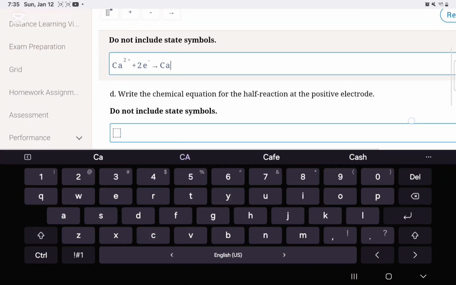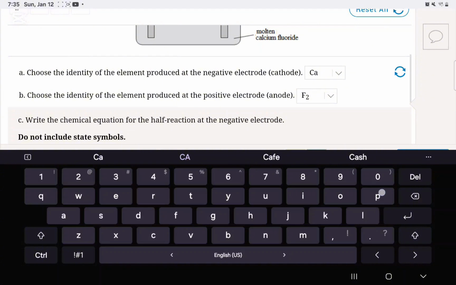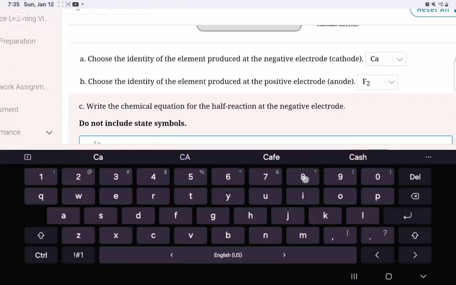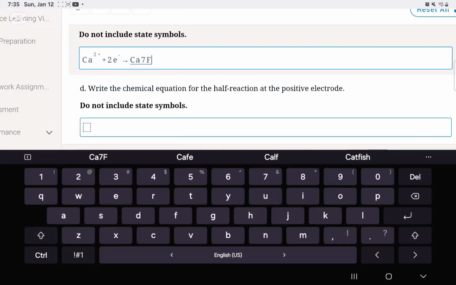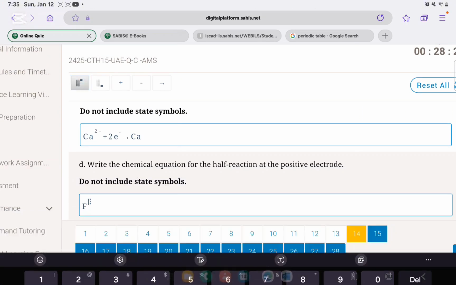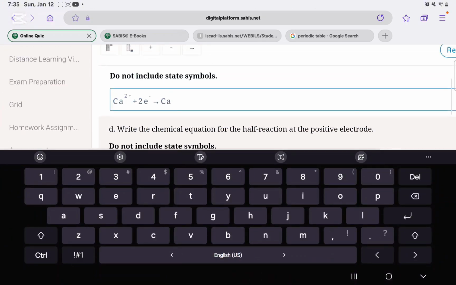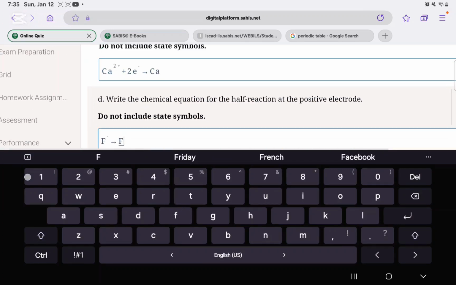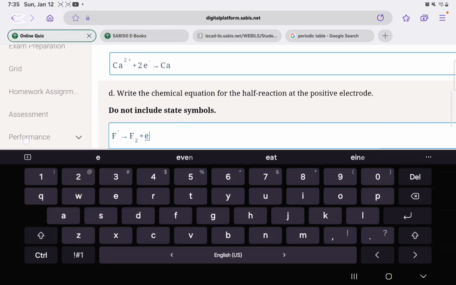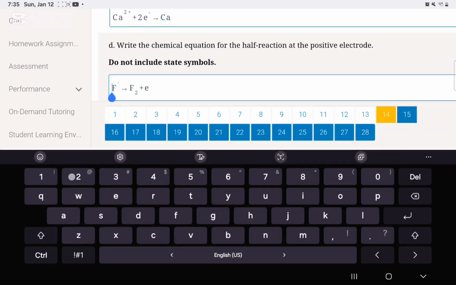And then at the positive electrode we have F2, and at the anode we have oxidation, so electrons are in the products, so F- to give F2 plus electrons, 2 electrons because we have 2 F, so 2 electrons.